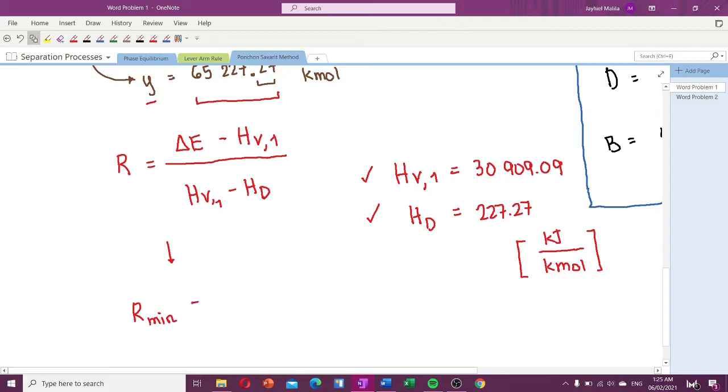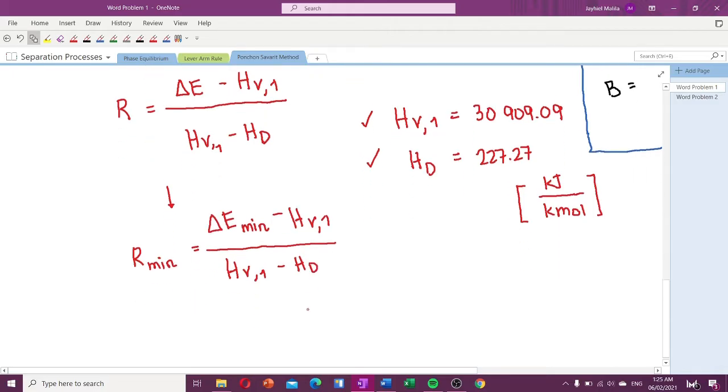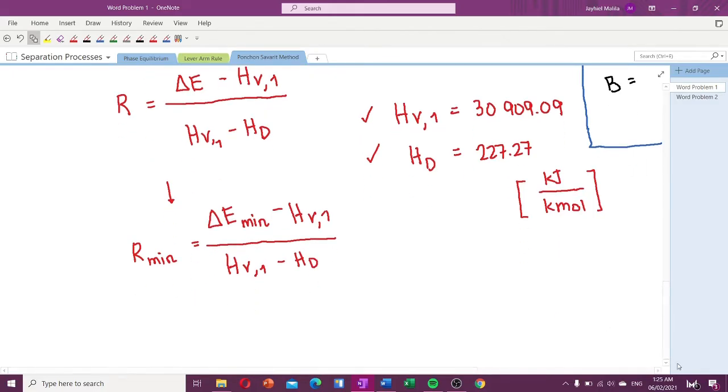If you want to look for the minimum reflux ratio, you just copy the formula above, but this time use the parameter delta E min instead of delta E, minus HV1, and then over HV1 minus HD. So that is your R min.